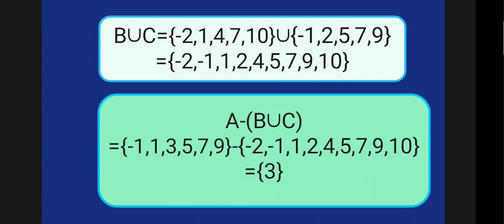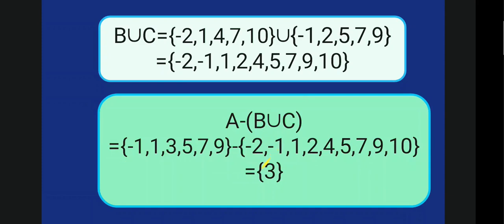And the left-hand side is A minus (B union C). So the elements of A and the elements of B union C, here we are operating subtraction, so we should eliminate the common elements. What are the common elements in A and B union C?